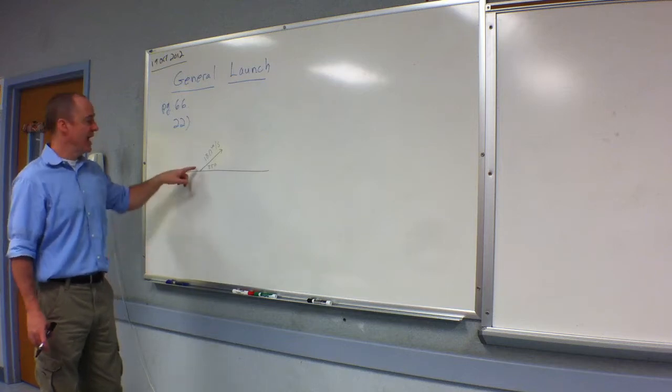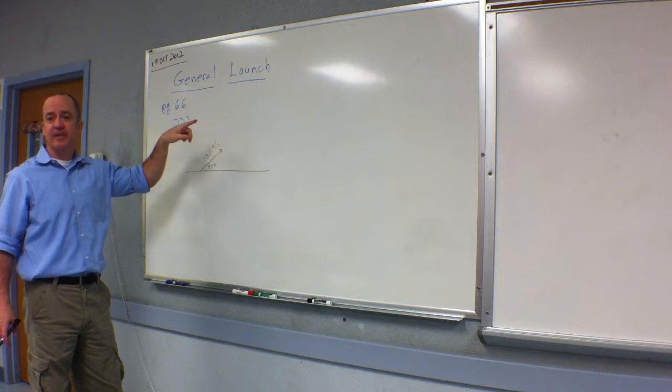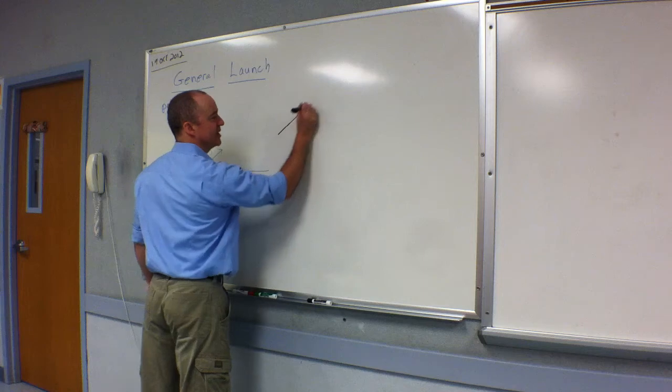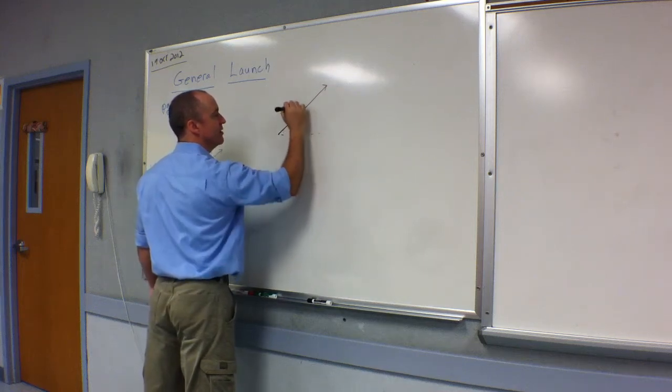Because it's here on Earth, what happens right as soon as it leaves the ground? What starts affecting it? Gravity. Gravity starts pulling it back down right away. But in that first split second, we're looking at this situation.